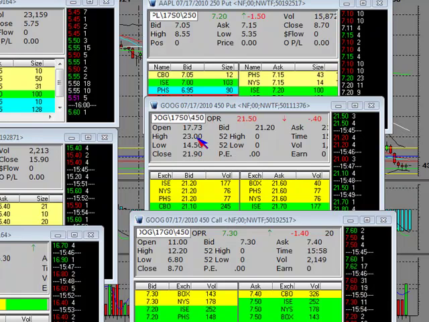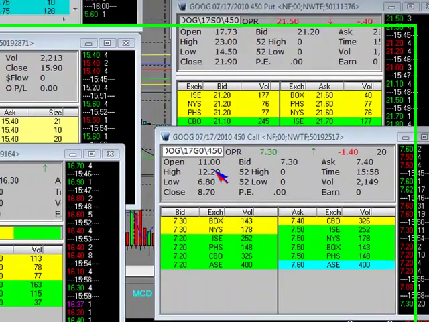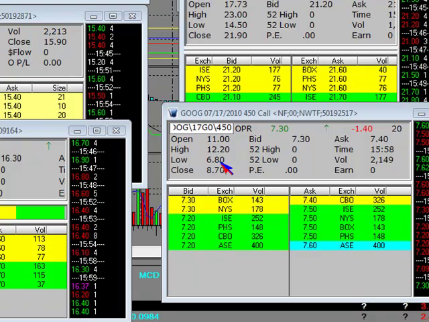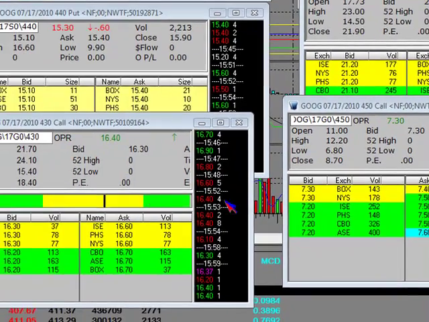When Google gapped up, they gapped this put down, and late in the day it hit a high of 23, and that call option, once again, I can only tell you right here, is 12.20 down to that 6.80 level now. And that's the SMF wholesale bid right there.